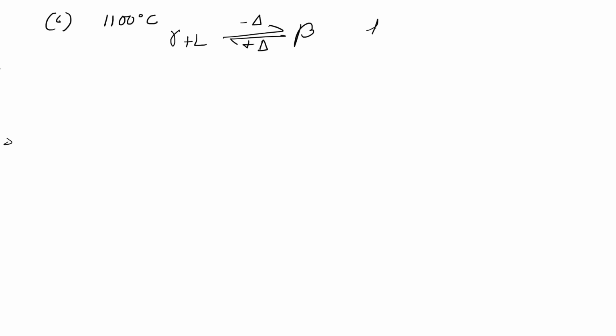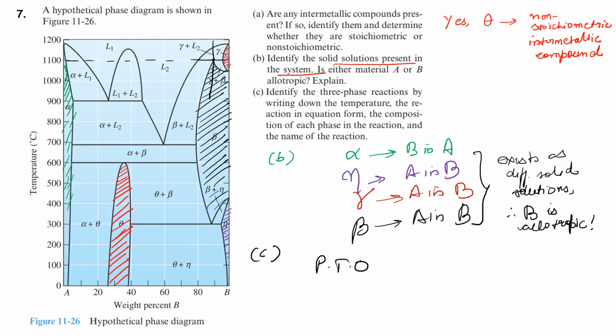This is a peritectic point. Okay, so it's easy to again get the compositions. You just have to see the tie line intersections with the solidus and liquidus. For this question, I'm not going to do that because we have already done it multiple times in this lecture today.